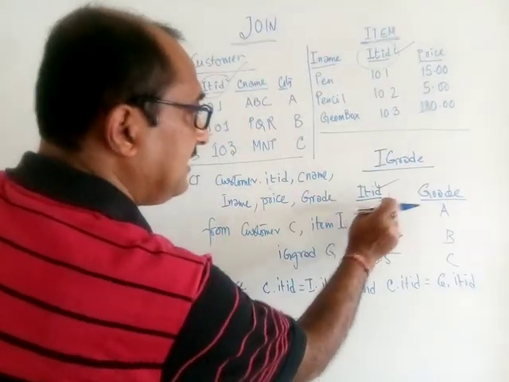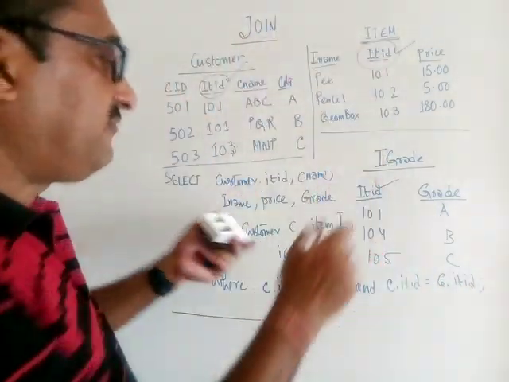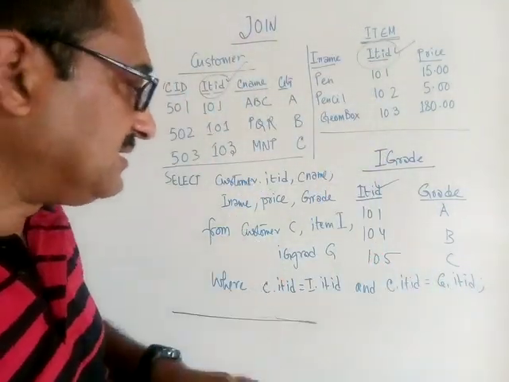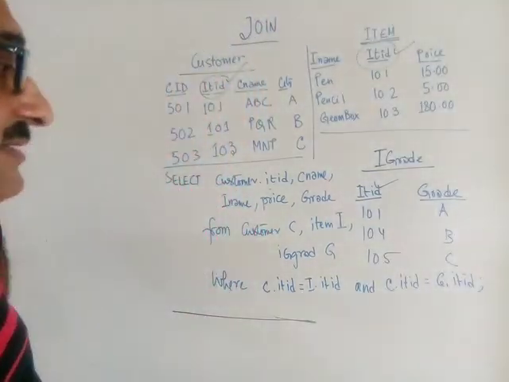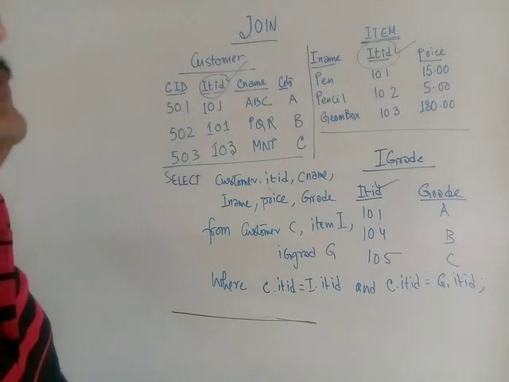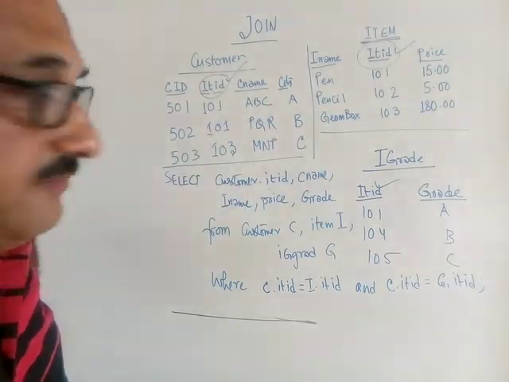G.ITID is the ITID from the grade table. So this is how we can involve three different tables also. But since we have used once again the equality operator in the condition term, that's why it is called equijoin. Technically this particular concept is called equijoin.